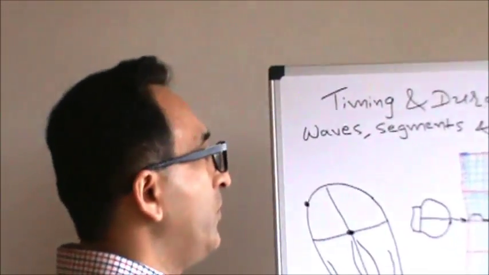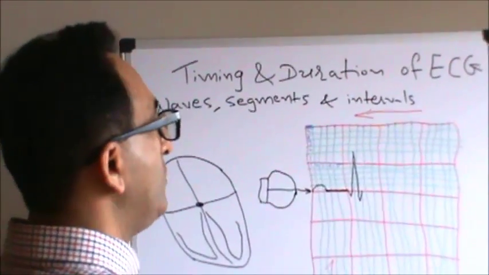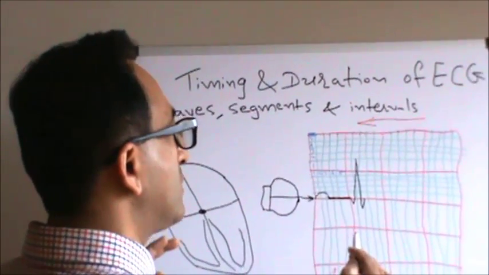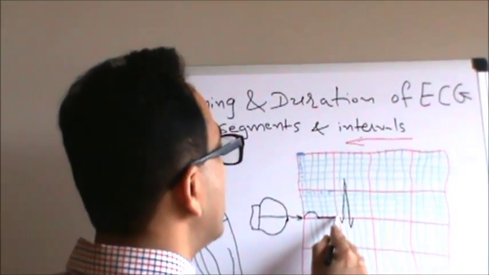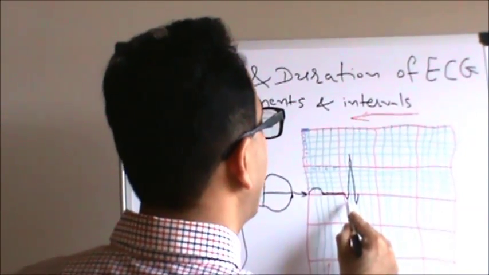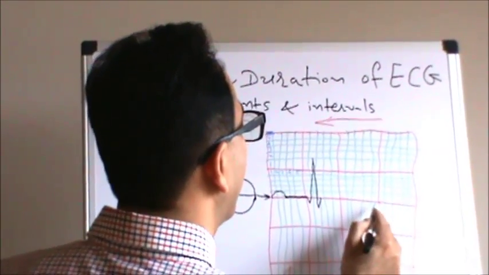Another easier way to know how to finish the cycle of PQRST is the QT interval, which takes 10 small squares. As we know, the QT interval starts from here, and you count 1, 2, 3, 4, 5, 1, 2, 3, 4, 5.